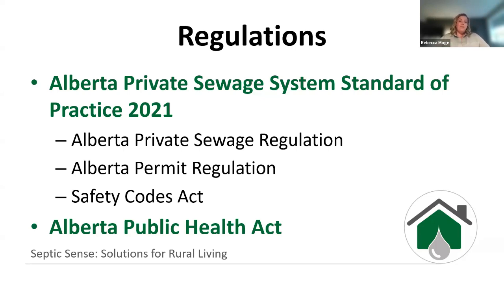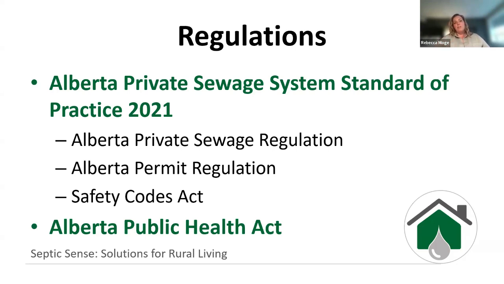And then after that, we have the Alberta Private Sewage Regulation. This basically just points to the code book as the authority to set those rules and regulations. The permit regulation provides us guidelines and the requirements for who can take out a permit, and when do I need a permit?